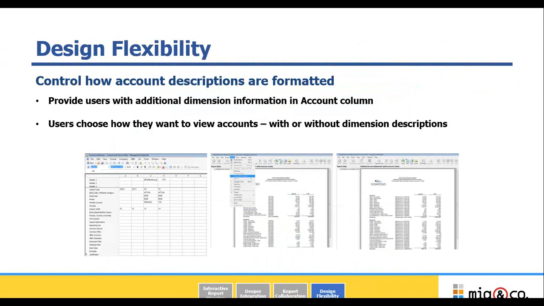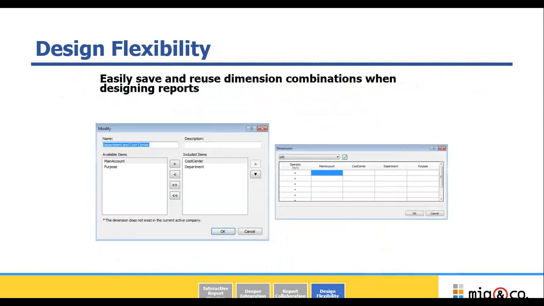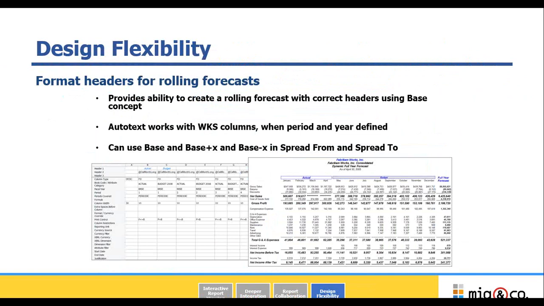You can provide your users with additional dimension information in the account columns, and users can choose how they want to view their accounts, with or without the various dimension descriptions. You're also able to easily save and reuse dimension combinations when you're designing your reports, which will save steps when you have to build new reports.